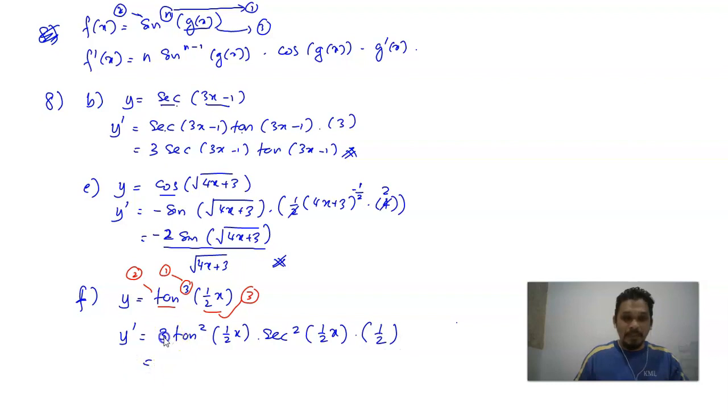Now 3 times half is 3 over 2, multiplied with tangent squared 1 over 2x and secant squared 1 over 2x.